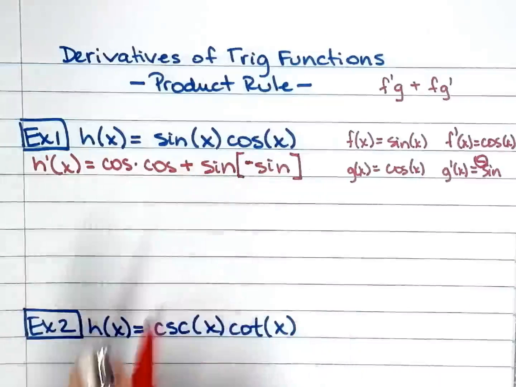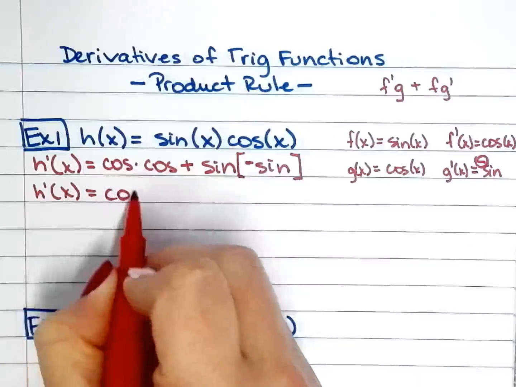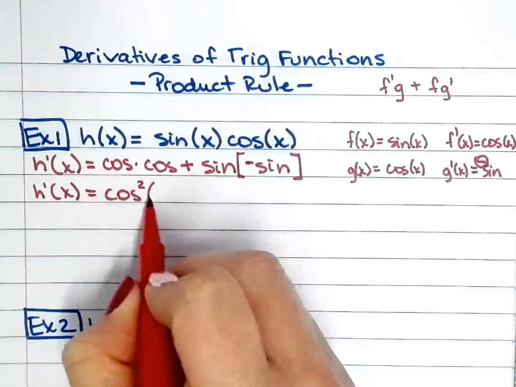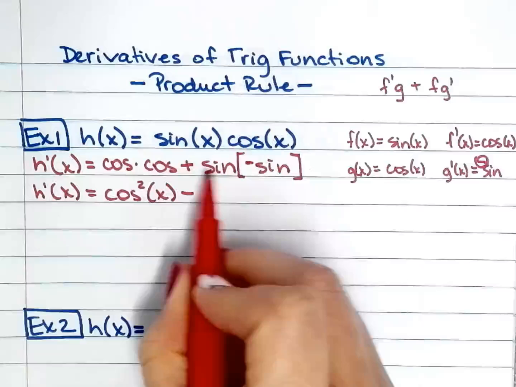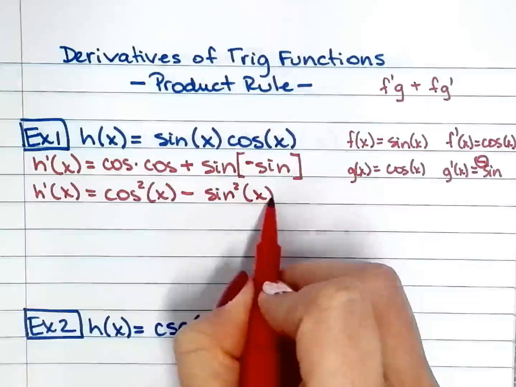Okay, let's distribute this, make it pretty. So cosine squared of x minus, because two negatives make a positive, sine squared of x.